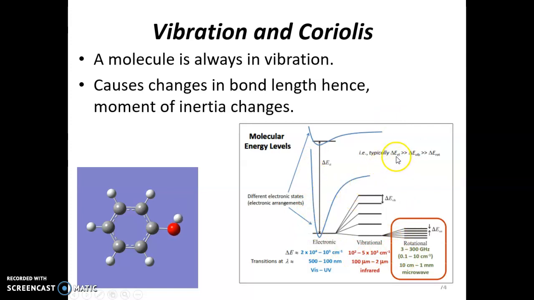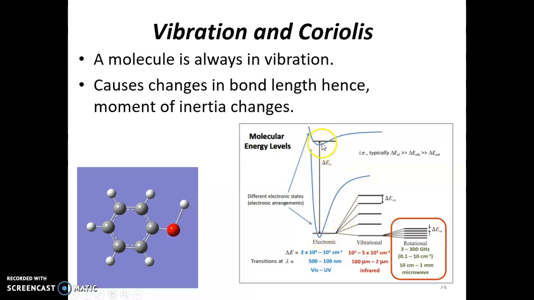the spacing in electronic energy levels is much higher than the spacing in vibrational energy levels, which is much higher than the spacings of the rotational energy levels. So each electronic energy state, represented by this blue curve, has within it several vibrational energy levels.